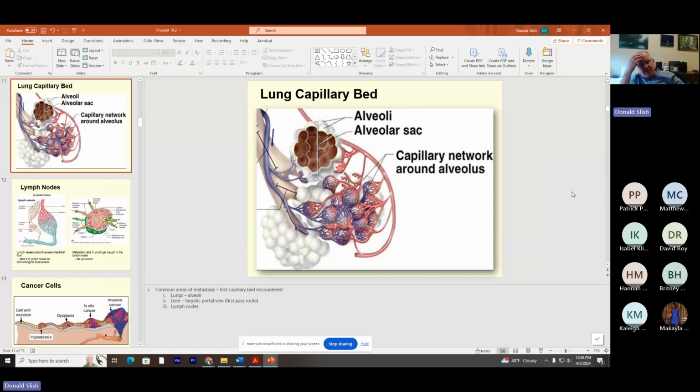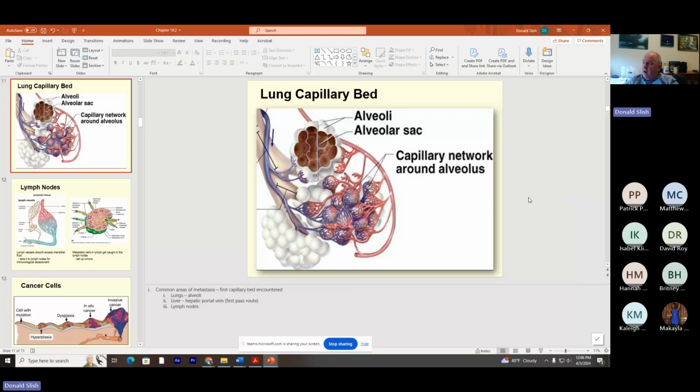Also, if you've got cancer cells metastasizing from the small intestine or large intestine, remember the hepatic portal vein, right? Everything you eat gets absorbed and goes through the hepatic portal vein to your liver, where it goes through a capillary bed and gets filtered. Your liver's filtering out toxins and stuff.